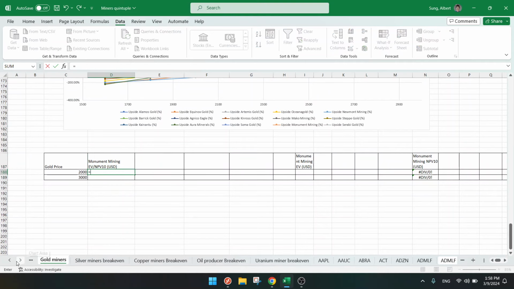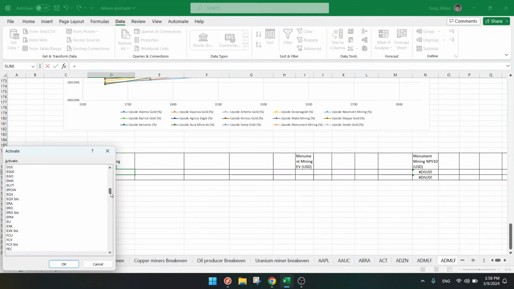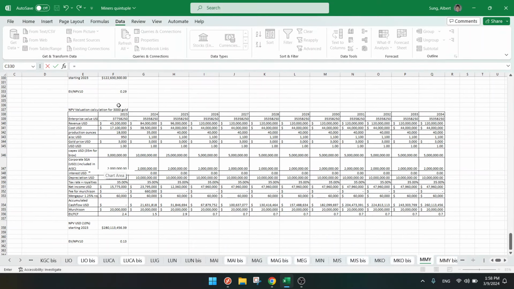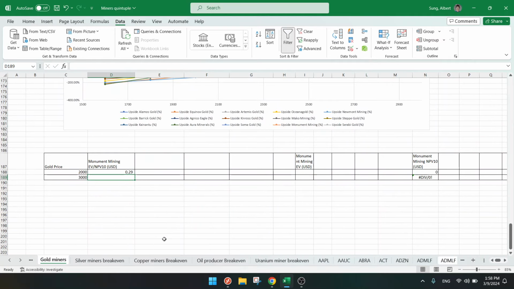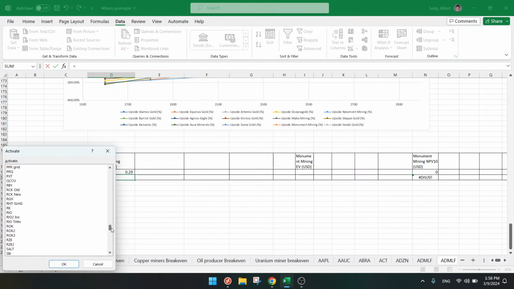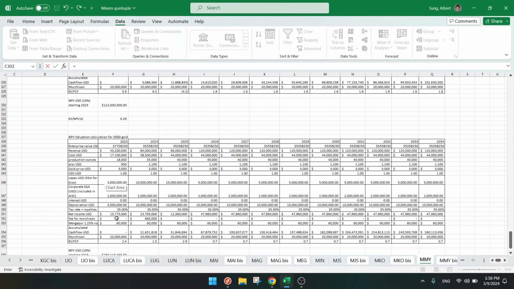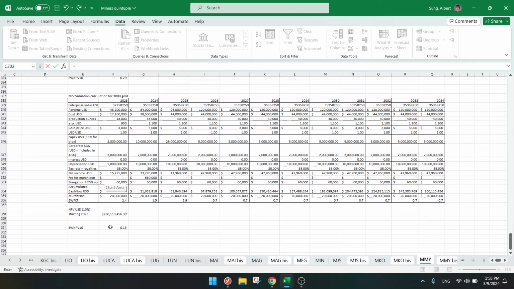This is a 2000 gold EV to NPV, 2000 gold EV to NPV, like this. And for 3000 gold, this.